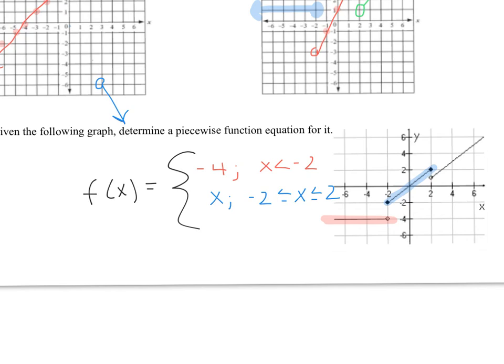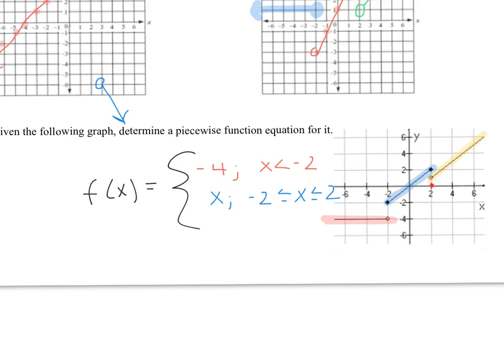If I look at my last line, let's do yellow. I first have to find my slope, so then I can find my y-intercept. So 1, 2, 3, 1, 2, 3. So that's still 1 over 1, essentially. Up 1 over 1, up 1 over 1, up 1 over 1.